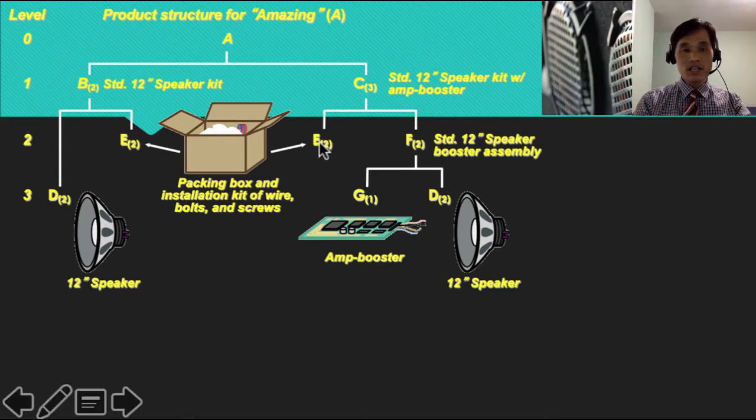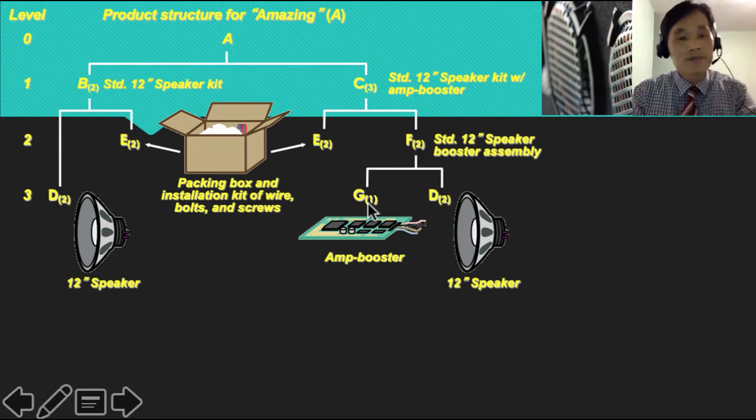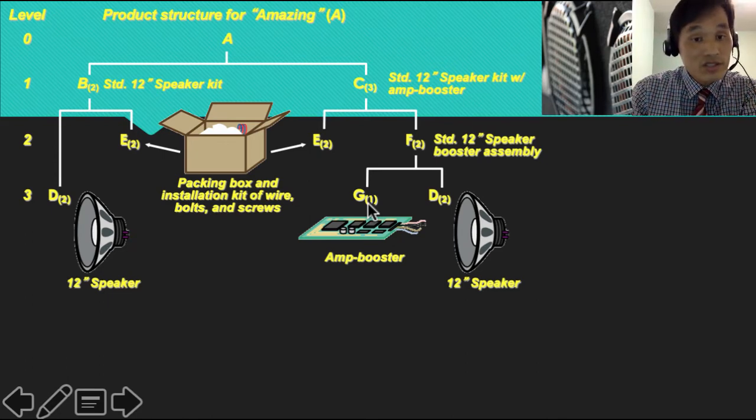Similarly, C has next level E and F, and F has G and D, and these subscripts represent the number of parts required. For example, 1 F requires 2 Ds, and 1 G requires 2 Fs. 1 F requires 1 G. So that's written here, and this is called a bill of materials.